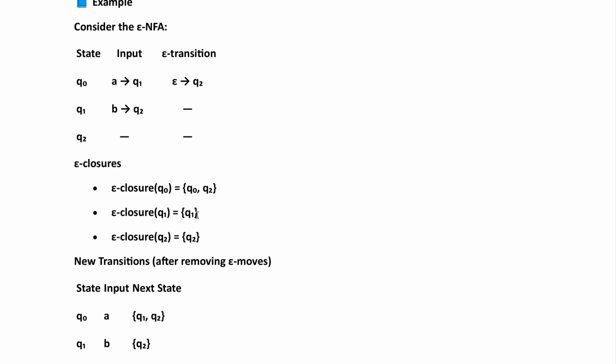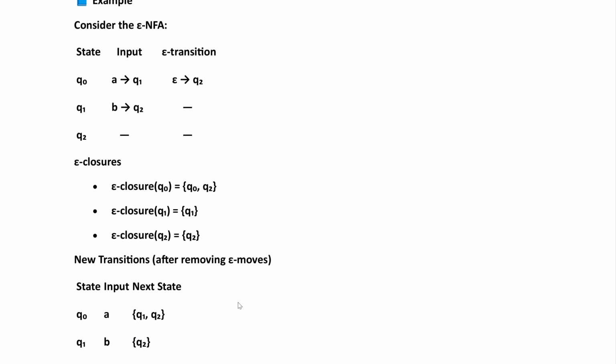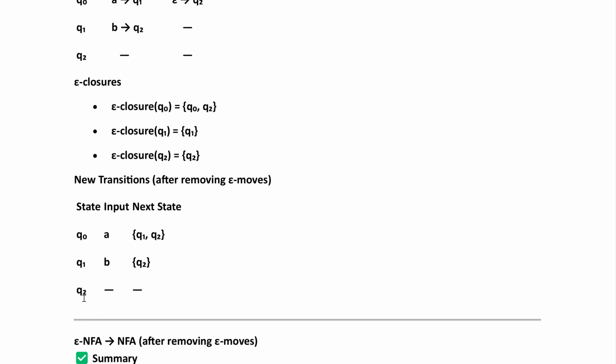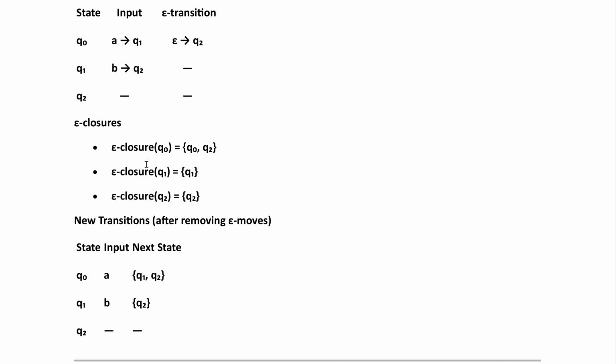The epsilon closure of Q1 is Q1. So applying B on Q1, we get the state Q2. That's why this state Q2, right? Now, when we apply A or B on Q2, we are not getting anything. The epsilon closure of Q2 is Q2, so when we apply A and B on Q2, we are getting nothing. That's why these are empty.